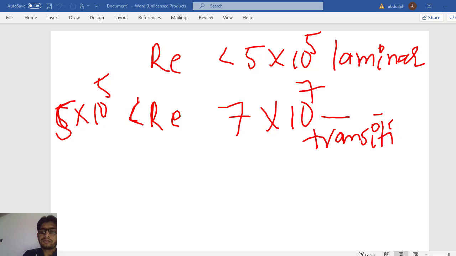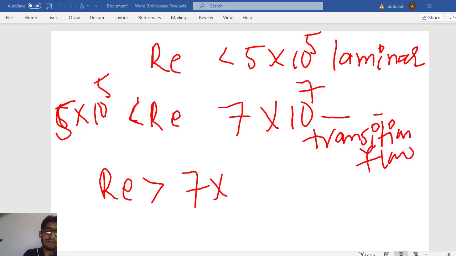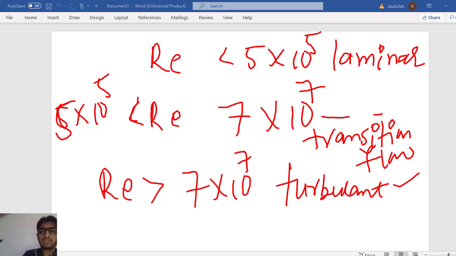When the Reynolds number is greater than 7 multiplied by 10 to the power 7, then the flow will be turbulent. Now this turbulence depends on the geometry, the roughness of the pipe, density, viscosity, and other parameters of the flow.